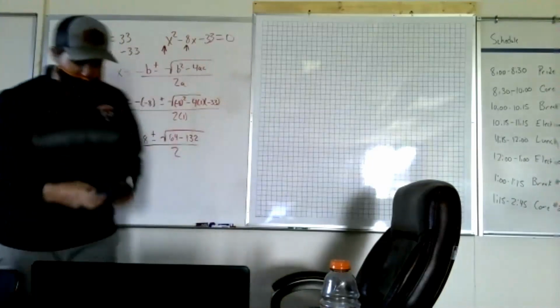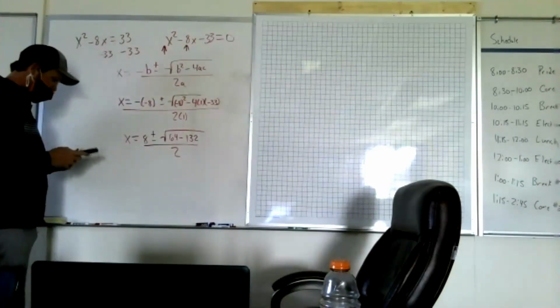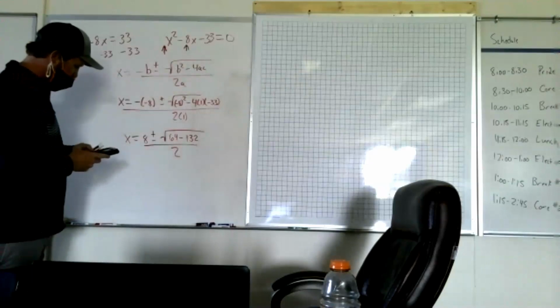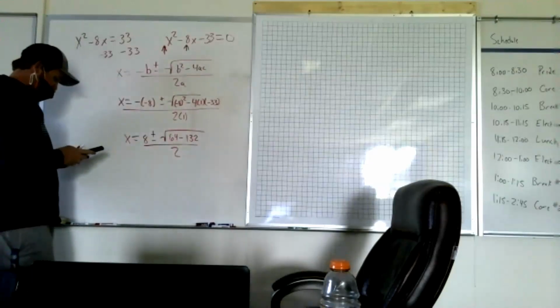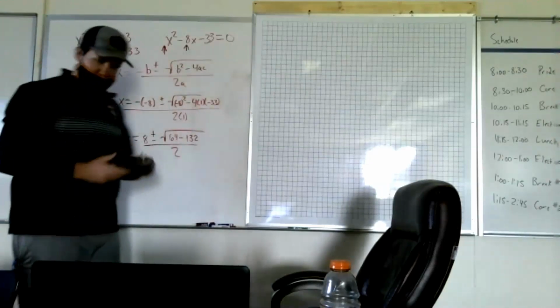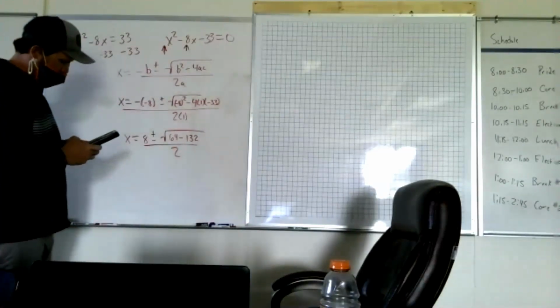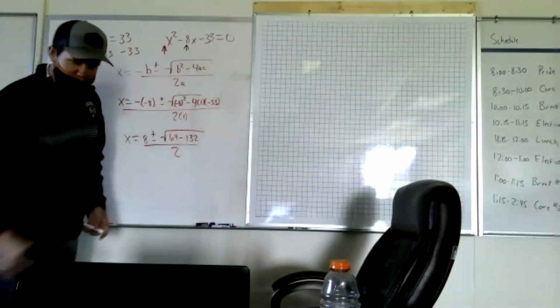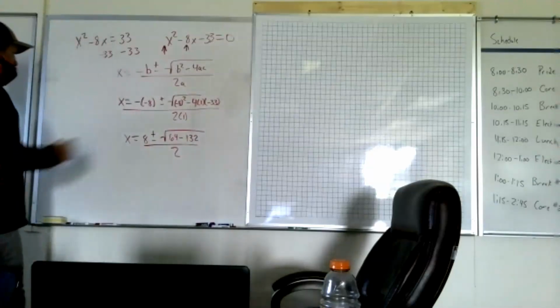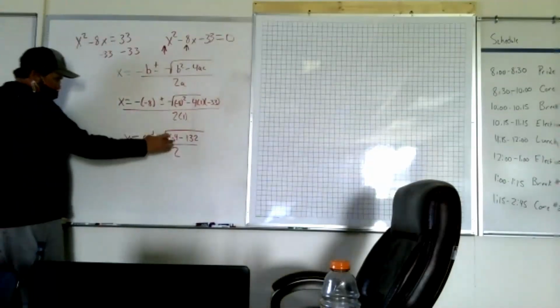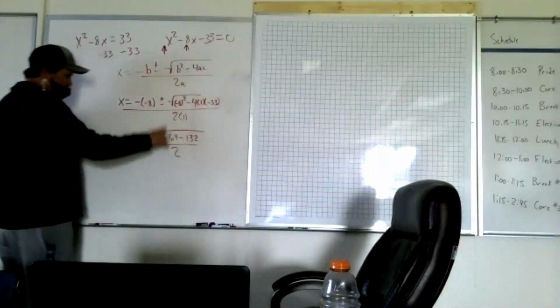Let me double check that 4 times 33 is 132. Yes, I was right. Okay, 64 minus 132 is negative 68. So now that we've taken care of the exponents and the multiplication, we can do our subtraction.